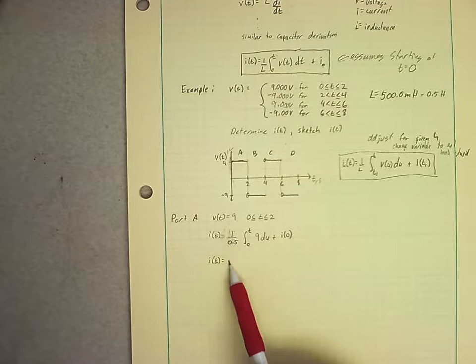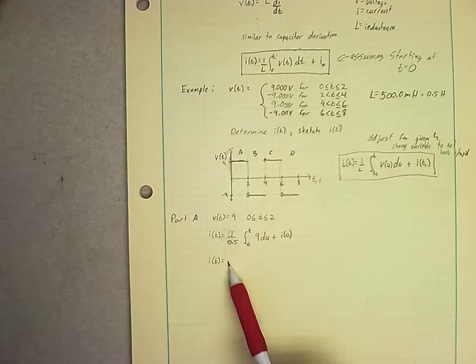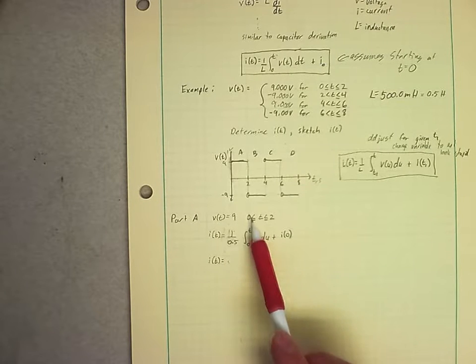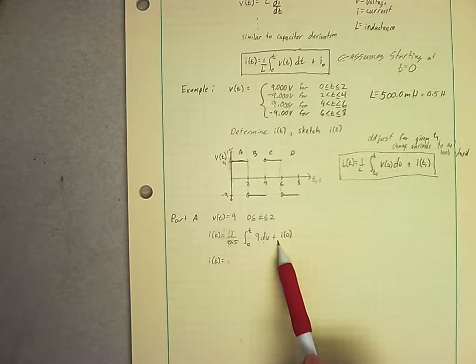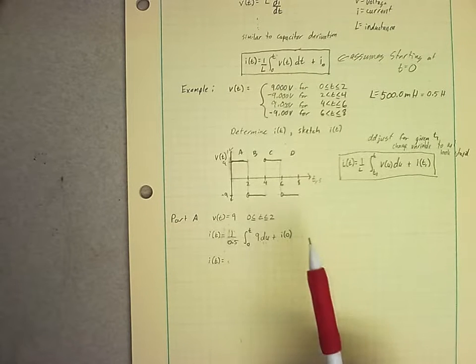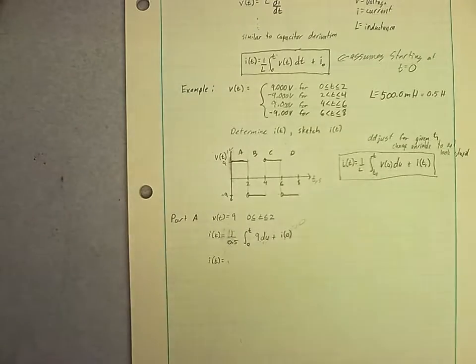So if we use this expression, 1 over L is 1 over 0.5. We're integrating from 0 to t because we're starting at 0. Our function is 9, and we're going to integrate that. The initial current I0, in this case, starts out at 0.